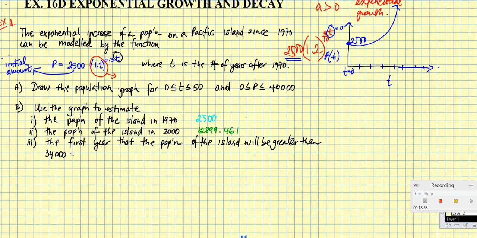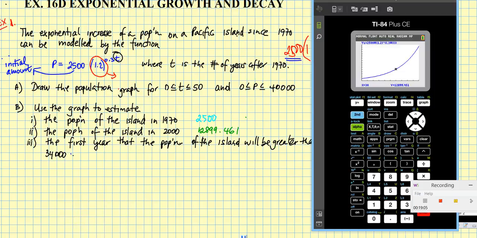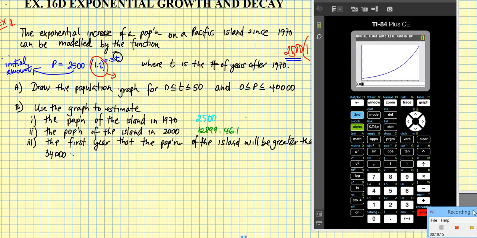And the very last question asks you for the first year that the population of the island is going to be bigger than 34,000. So I'm certainly not going to go to the second function button and put in value again, because putting in value again means that I would be putting in 34,000, and that's incorrect.